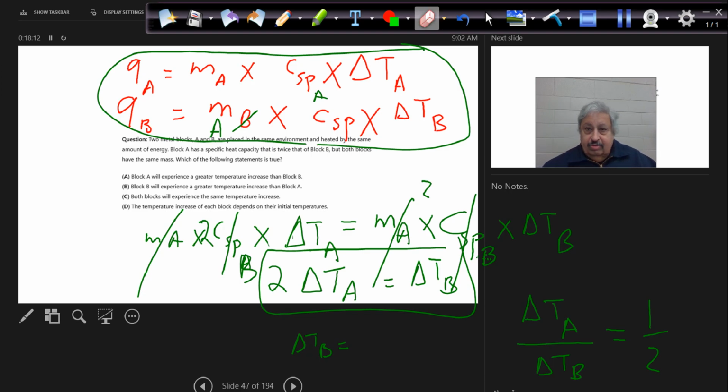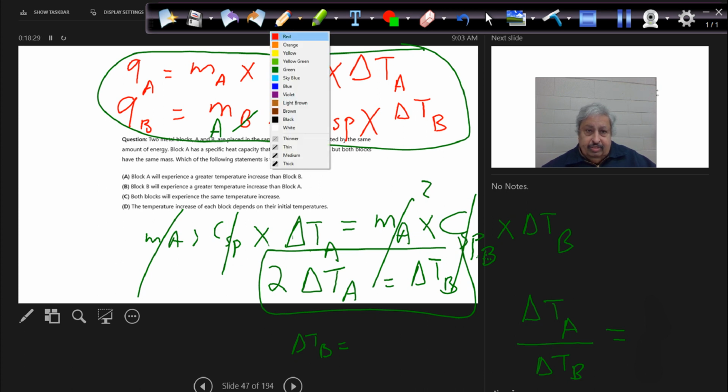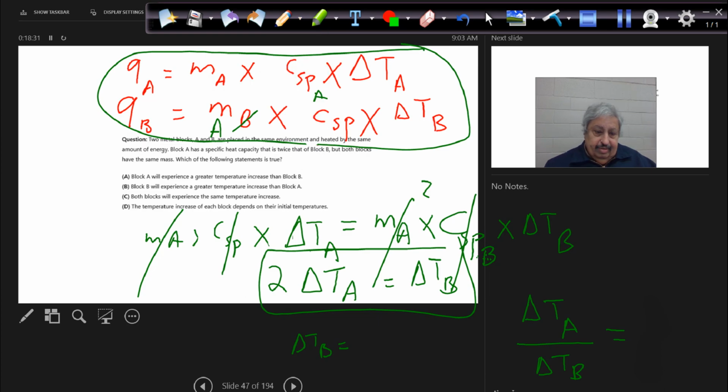So you did not follow me. We have to be careful, because the relationship will be different here. So CB and CA. This is A. Let's do it carefully. This is the specific heat of A. A is twice, double.